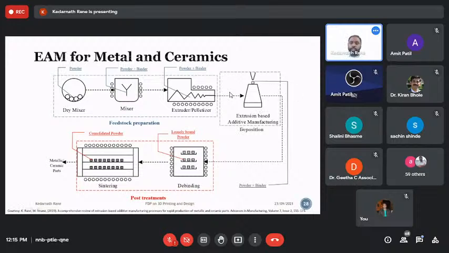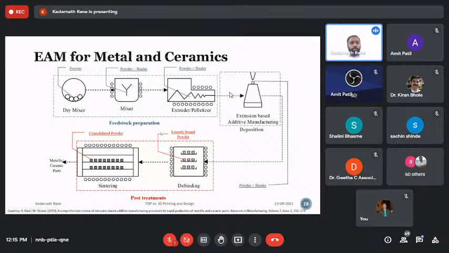Here you are saving considerable cost, because you don't require any tools or molds to process the powders or feedstock. So this is the merit of the EM process over PIM and MIM.